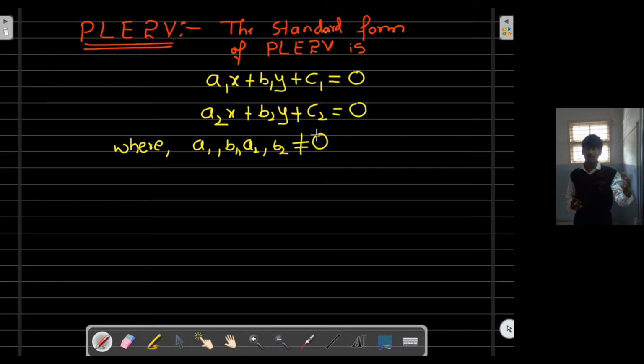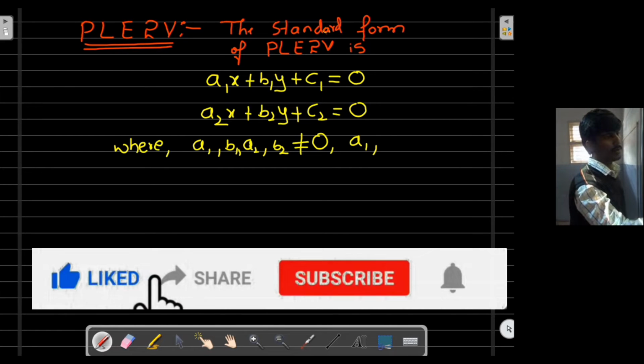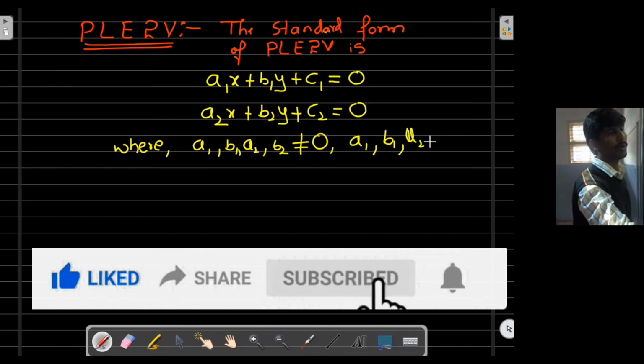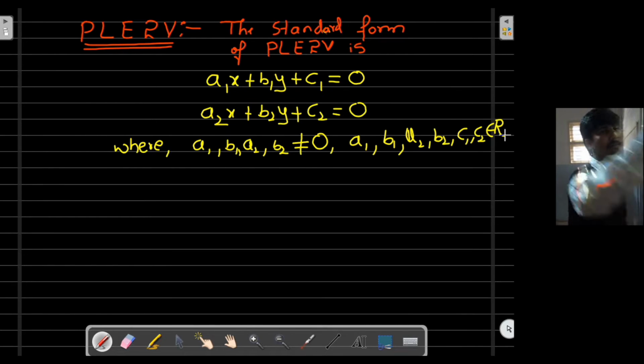That's why a1, b1 as well as a2, b2 are not equal to 0, and a1, b1, a2, b2, c1, c2 belong to real numbers. We are taking all these constants from real numbers.